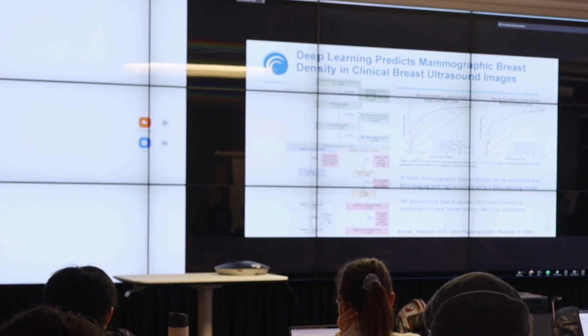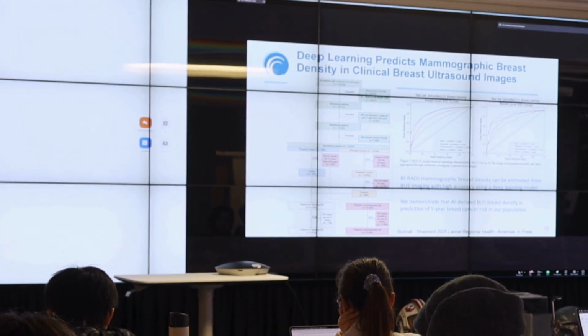And she's done that and showed that she has very high accuracy, especially in the categories of highest and lowest risk, and that she's plugged that into existing models that use the mammography breast density and showed that it remained accurate. And this was just recently accepted for publication.